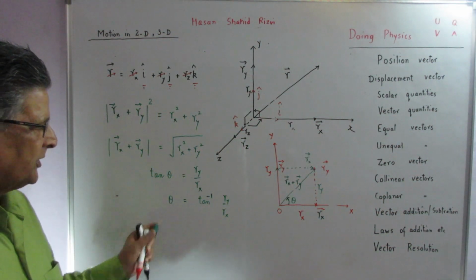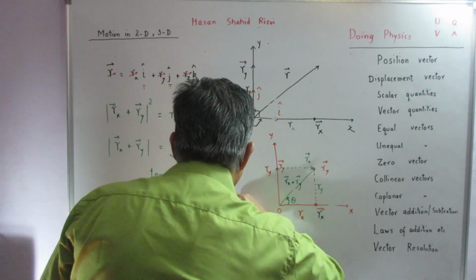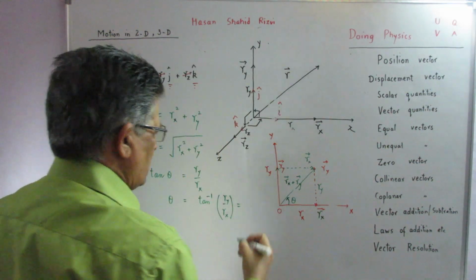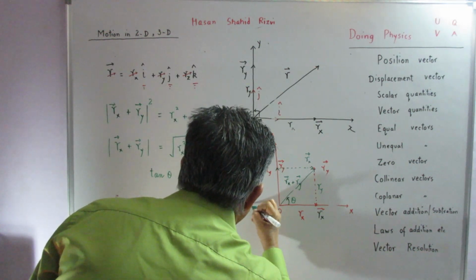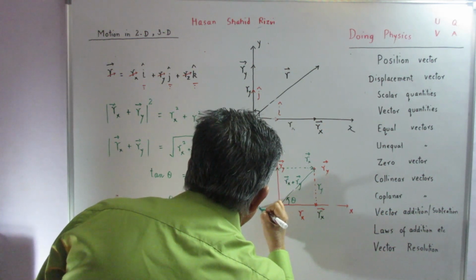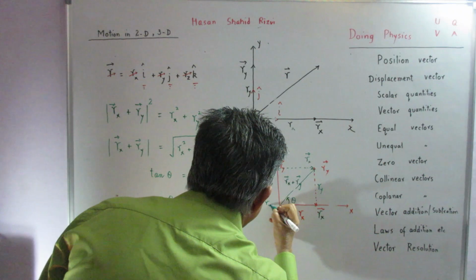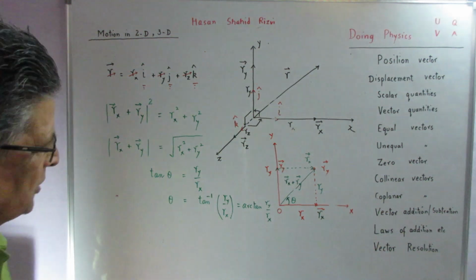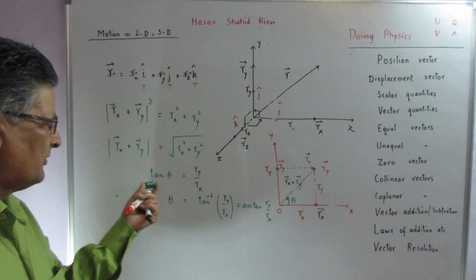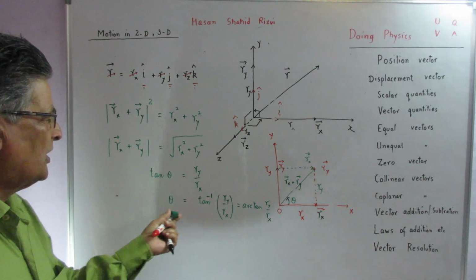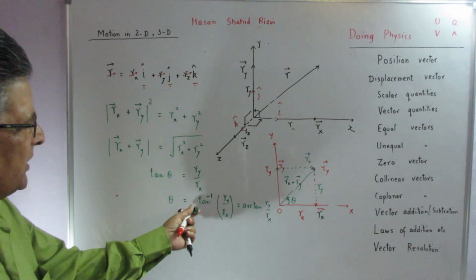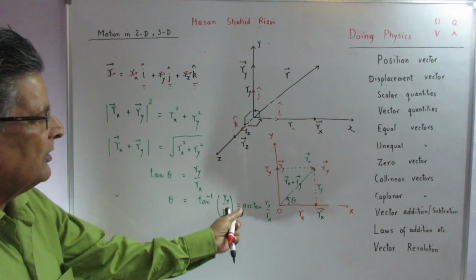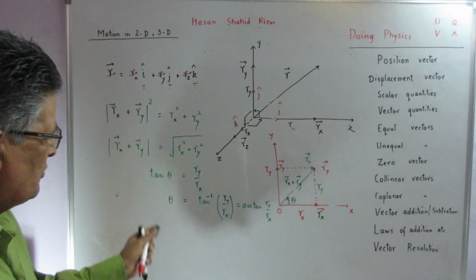The angle theta has been obtained as the tan inverse of Ry upon Rx, which is also sometimes written as arctan of Ry on Rx. If there were a sine relation, theta would turn out to be the sine inverse of that quantity, which we write as arc sine.